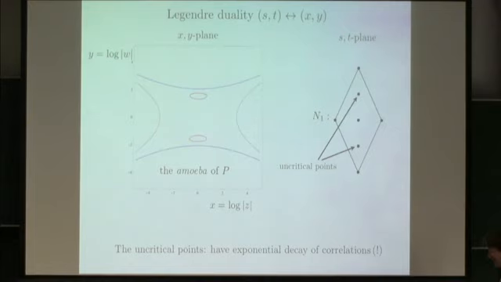In the dimer model, we call them gaseous phases, but I call them uncritical points. I don't know if that's a good terminology, but they're points at which the model suddenly has exponential decay. Okay, it's kind of weird. But there they are, and they always occur at the integer points inside this Newton polygon.